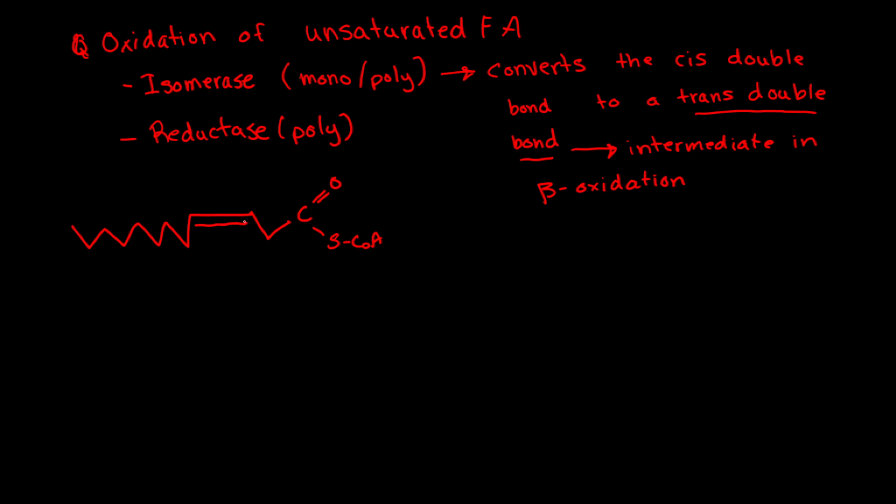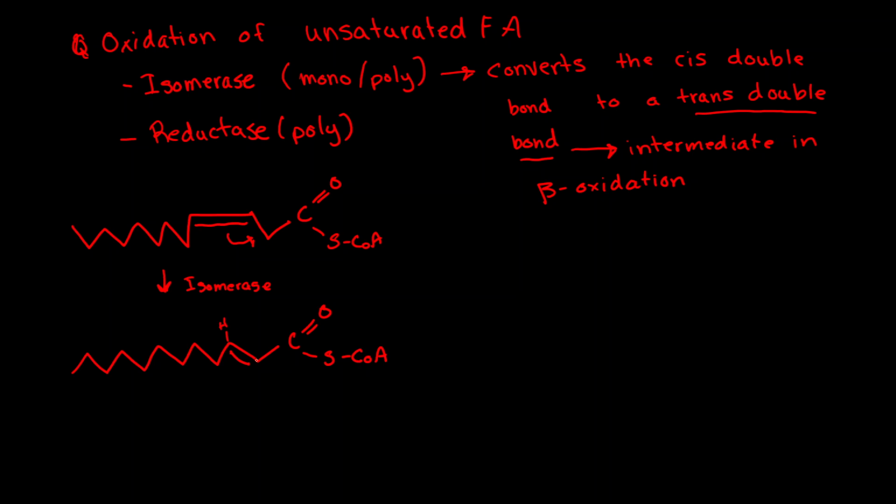So we have our cis double bond here. The isomerase is going to change it to a trans double bond, moving it to that location. And so we end up with this right here.